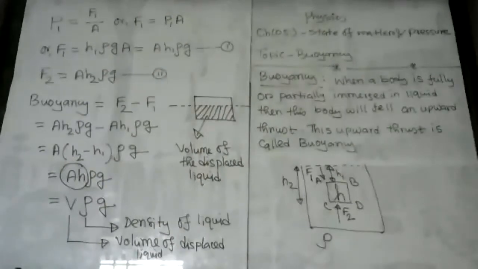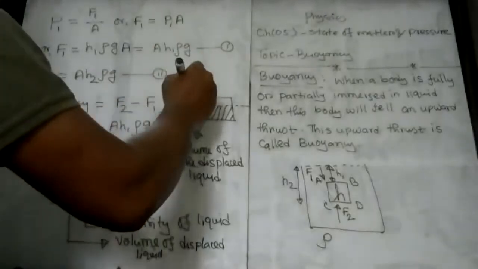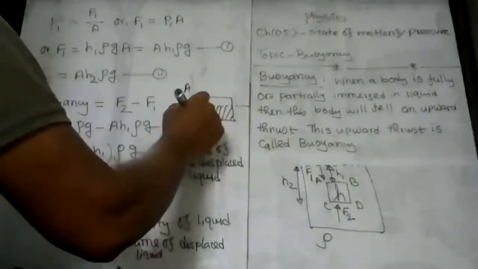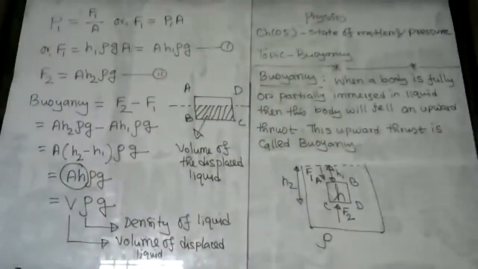You see that here A, B, C, D is a rectangular shaped body. If you consider the total volume, it will equal the volume of ABCD.